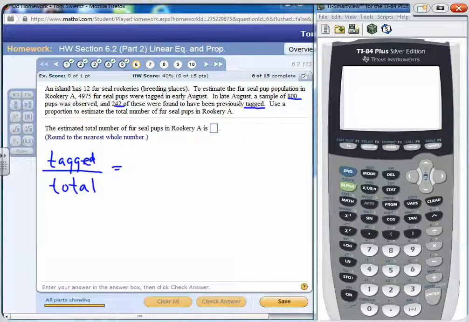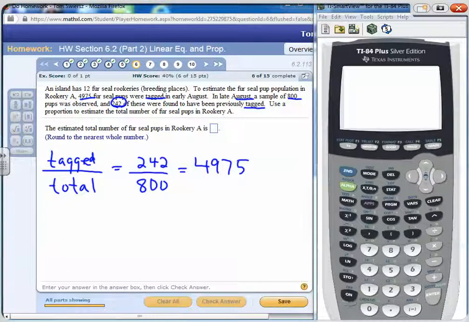Now what do we have? In late August, a sample of 800 were observed, so 800 is the total, and 242 were found to be tagged. So that's in late August. Back in early August, 4,975 were tagged, so that goes in the numerator.